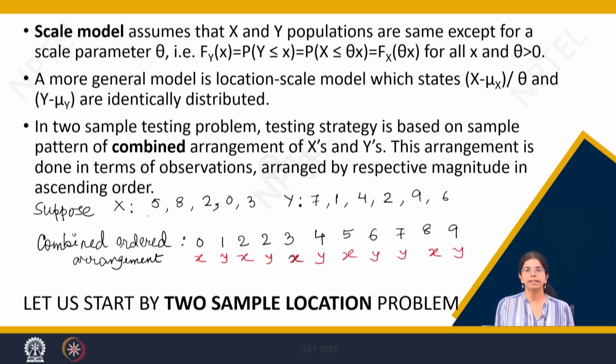That's why we have written Y. So basically, after everything is done, you will have one sequence of X and Y. Now, the two-sample location problem is constructed on this pattern of X and Y. The strategy adopted in the two-sample location problem is deeply connected with this pattern of mixing of X and Y in a combined sample.